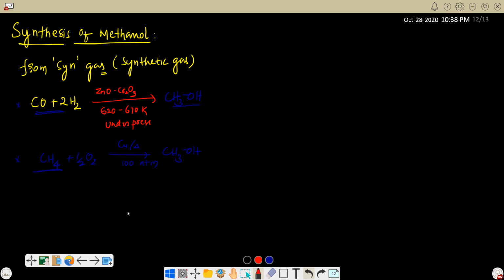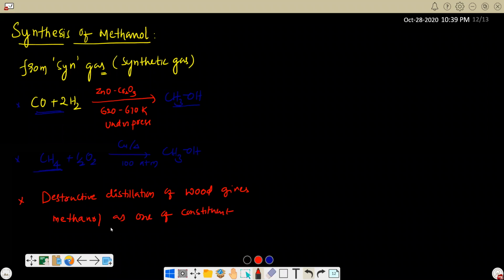And also you can add destructive distillation of wood, which gives methanol as one of the constituent compounds among different compounds. Right?